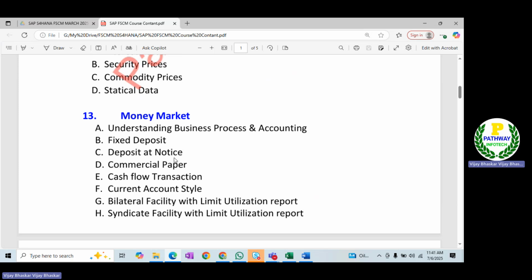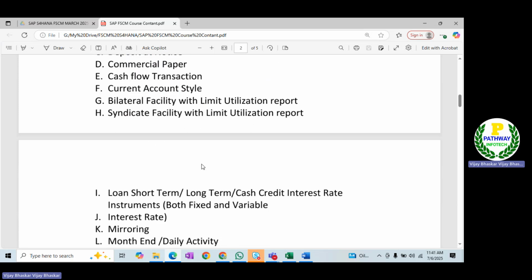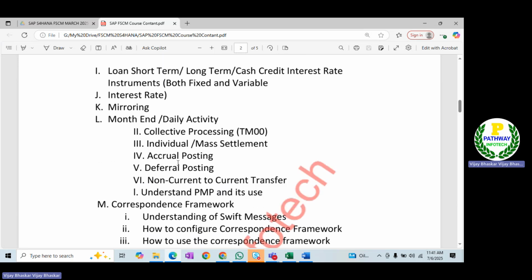In the money market: fixed term deposit, deposit at notice, commercial paper, cash flow transactions, current account styles, bilateral facility, syndicated facility, short term and long term loans, cash credit, and both fixed and variable interest rate instruments. Then mirror deals, month end and daily activities, because when we discuss a product type being configured as a new one, I'm going to cover the daily and month end activities at the same time.